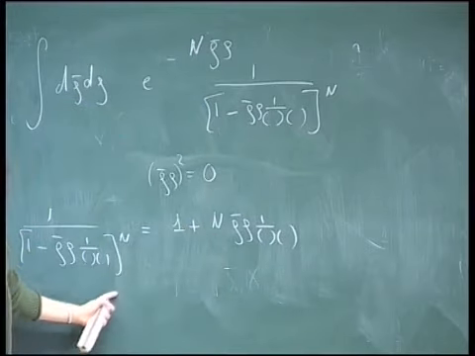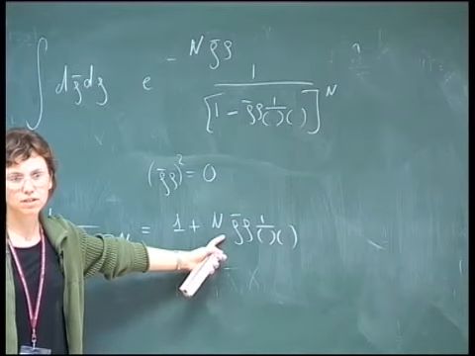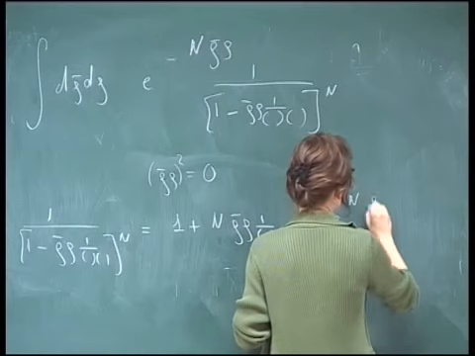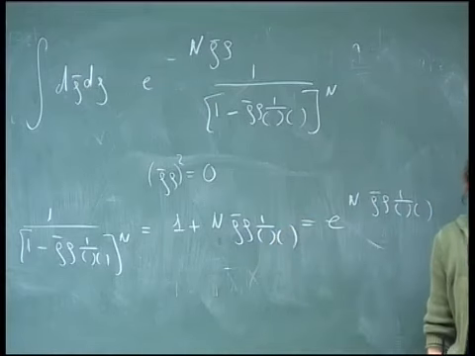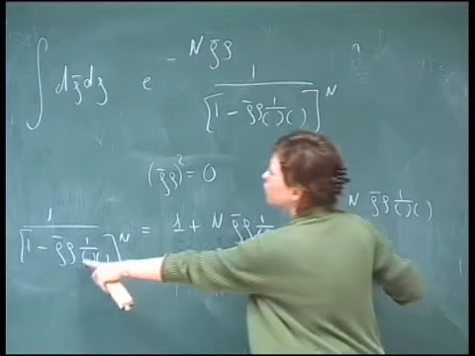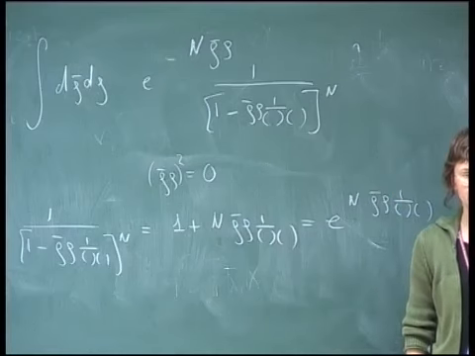I just take the Taylor expansion, and that's the first term of the Taylor expansion. But this is also equal to exponential n. That's a property of anti-commuting variables. These 2 functions have the same expression. They are actually the same.